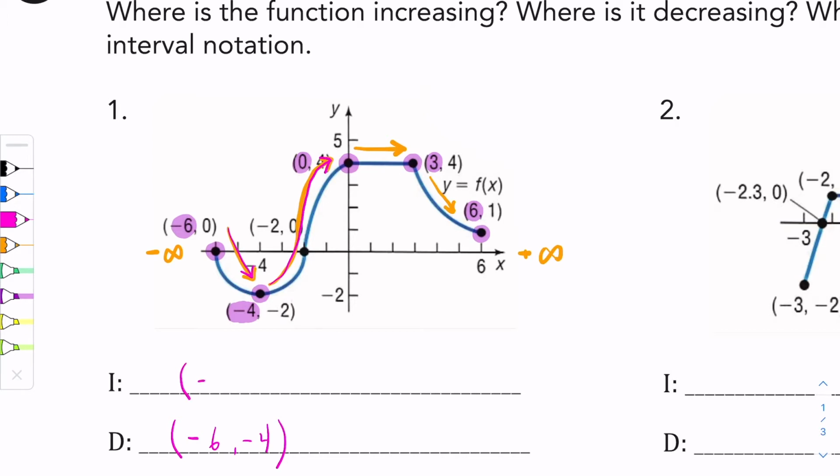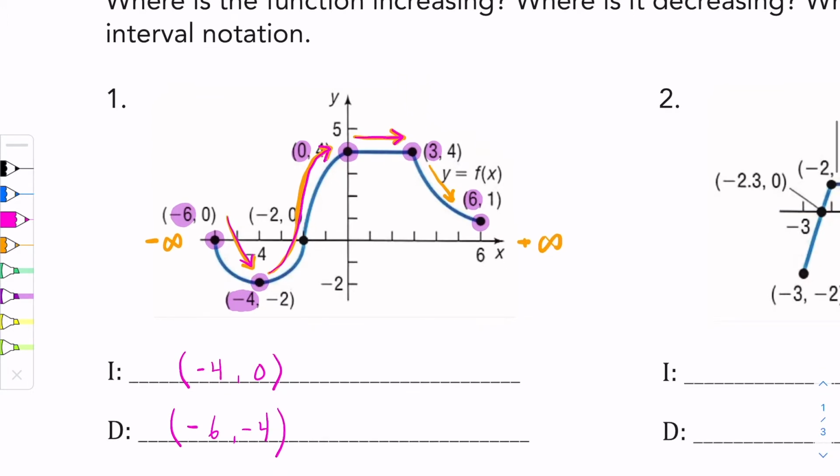We are increasing from -4 to 0. At 0, we have a constant interval until the x value of 3. And at 3, we head back downhill until 6. That's our last decreasing interval, from 3 to 6.